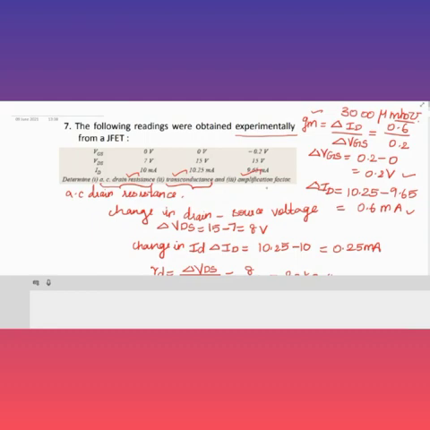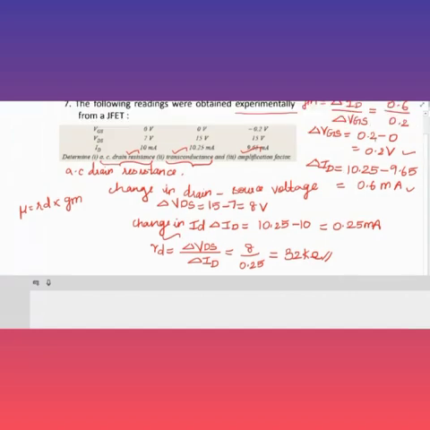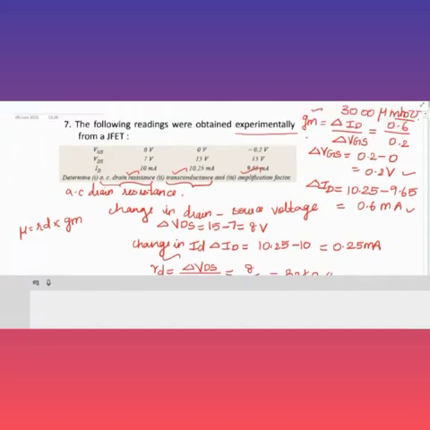And the last thing is amplification factor. The amplification factor is actually very easy. The formula is mu equal to RD into GM. Now we have our RD value and our GM value, so I'm just going to multiply.